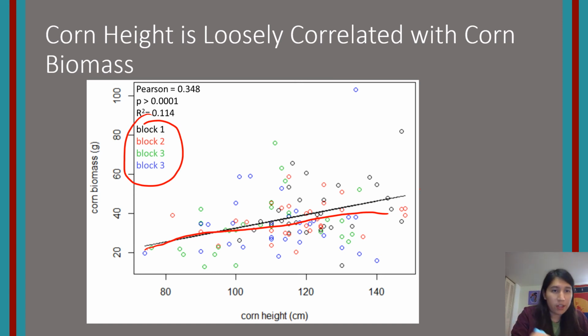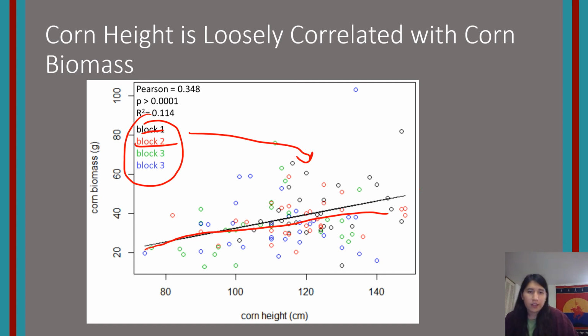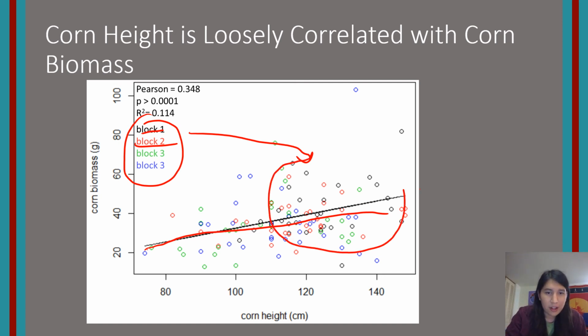And in block 1 and 2, the corn plants were actually a little taller in general. As you can sort of see, there's more black and red dots to the right side of the screen. And that could be attributed to several things. One could have been when we tilled up this part of the field initially, there could have been more initial nutrients available on that side of the field for the corn.